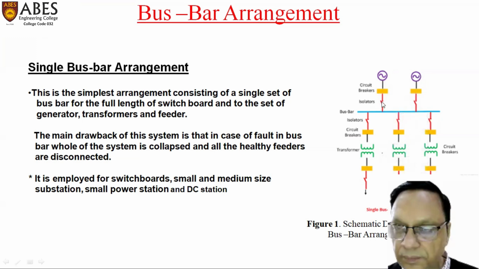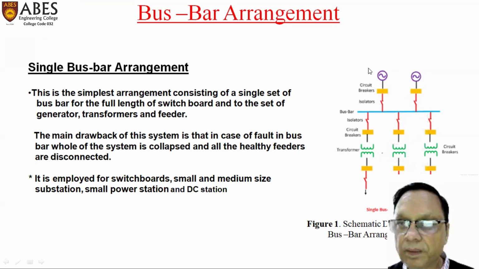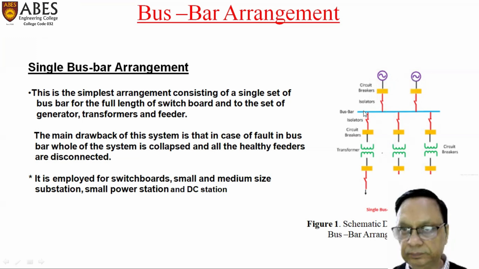Both the generators are connected to the bus bar. Suppose I am generating 11,000 volts. Then across this bus bar, at any point, the voltage will be 11,000.